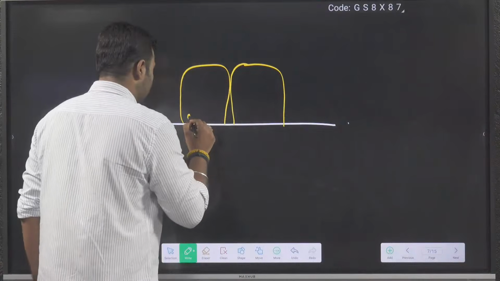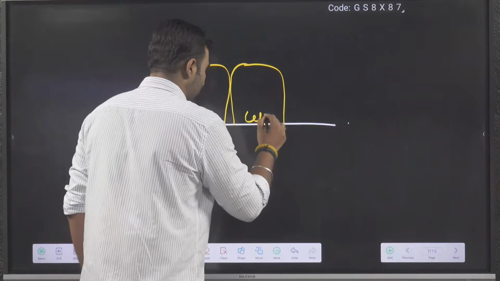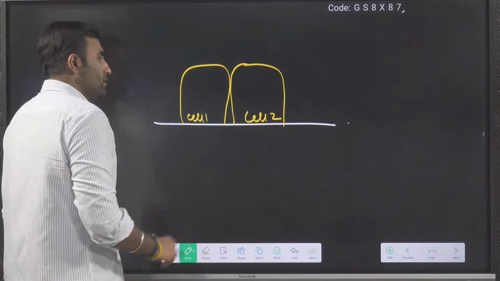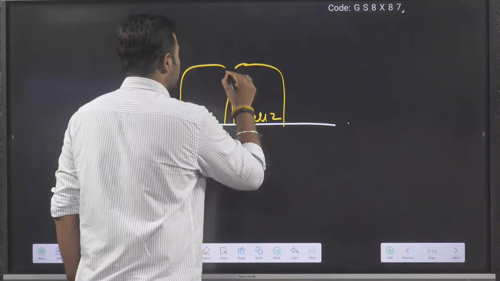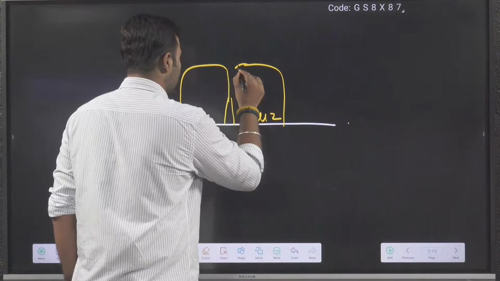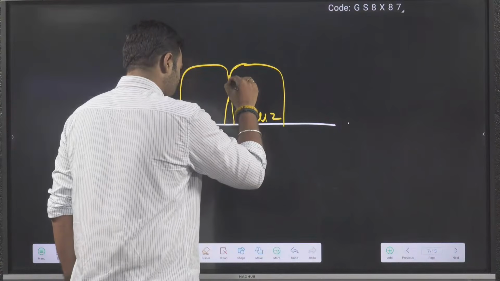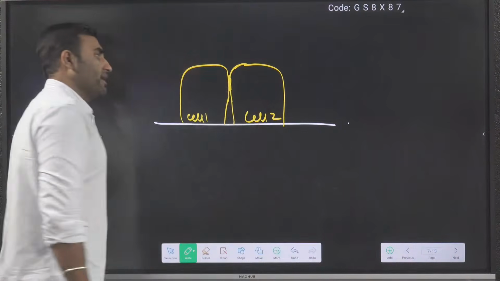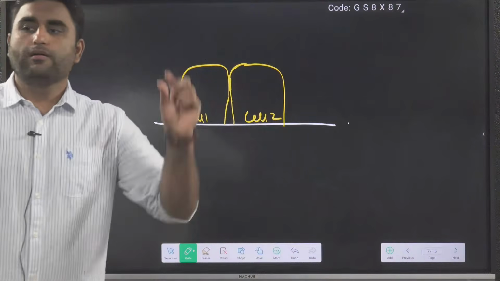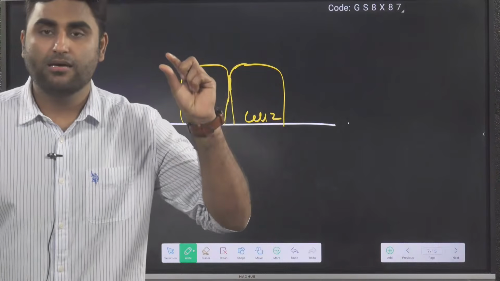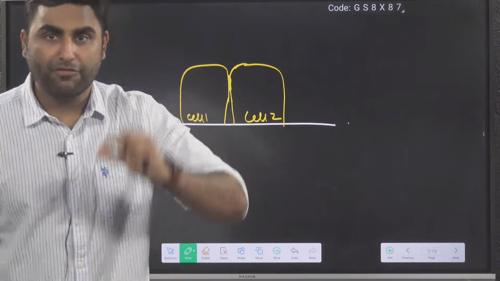So we have cell number 1, cell number 2. If you carefully notice, their apical surface plasma membrane is fused.